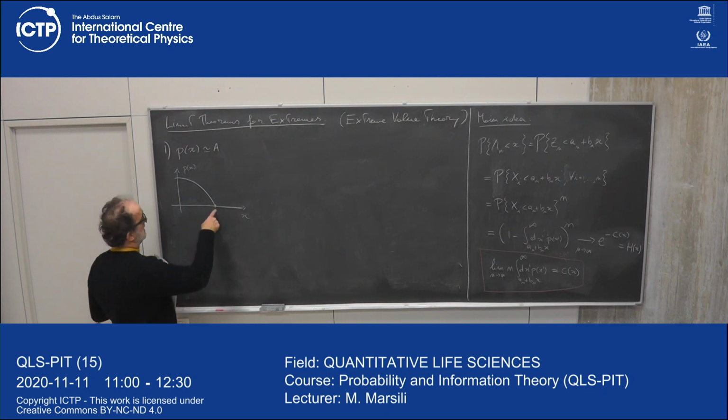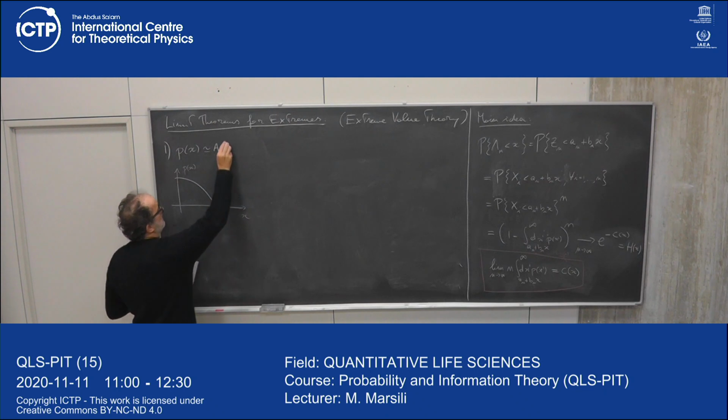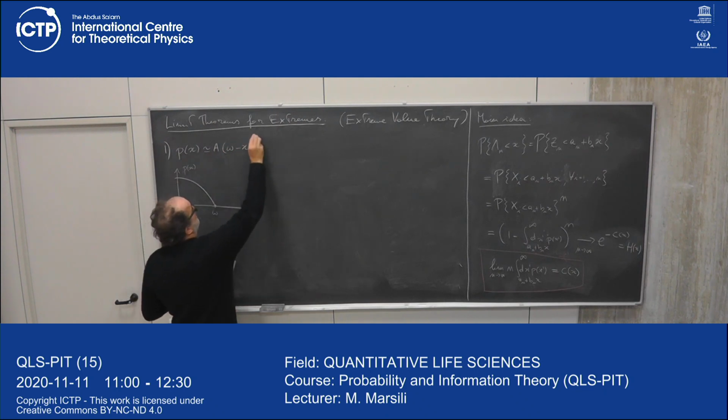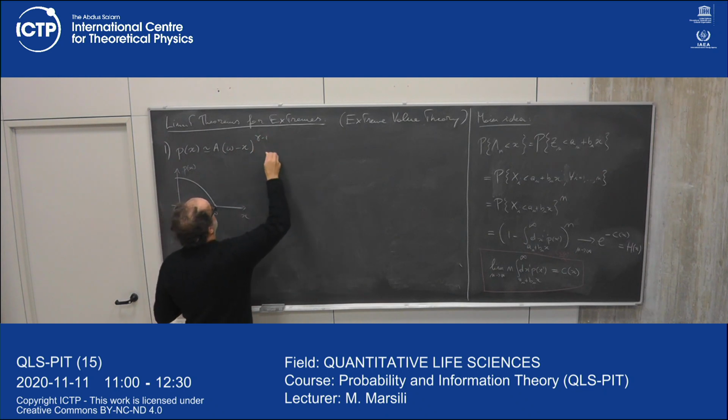So, at this omega you have a singular behavior of the form omega minus x to the gamma minus 1 for x less than omega, okay?